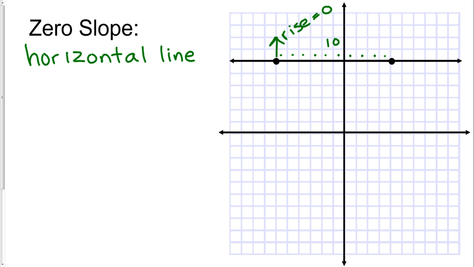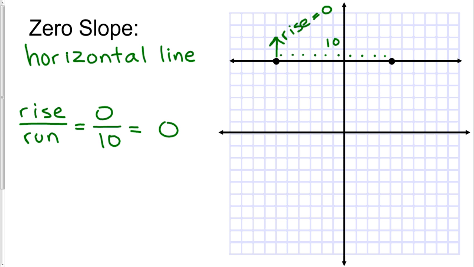But it doesn't go up or down at all. It has a rise of 0. So when we go to write our slope, rise over run, our rise is 0, our run is 10. 0 divided by anything is just 0.